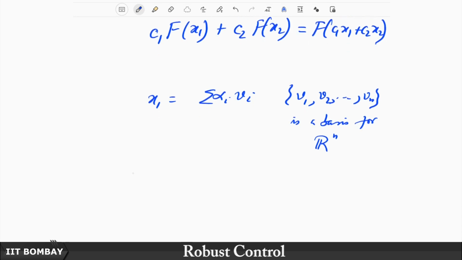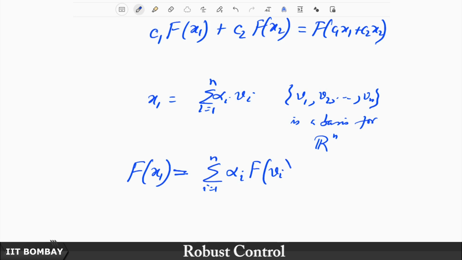So then we know that f of x1 is going to be nothing but summation, i equal to 1 to n, of alpha i f of vi.